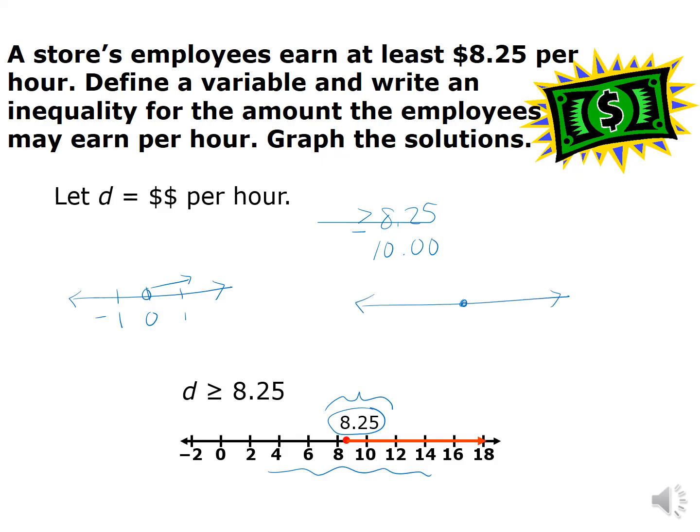Let's say it was the 85 from the last problem, and let's say it's greater than or equal to. You can write 84 and 86, and this was exactly 85, so you could just write it like that. So you don't need to put a bunch of numbers on your inequality graphs for me.